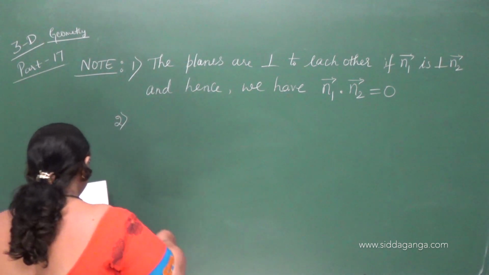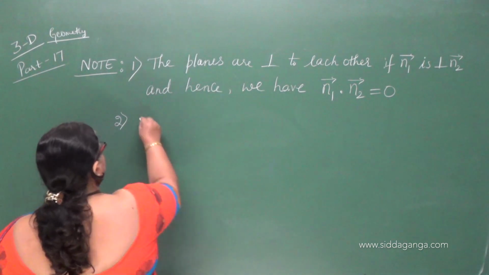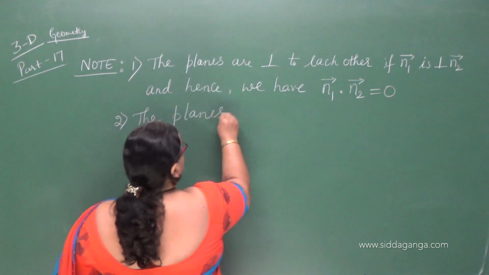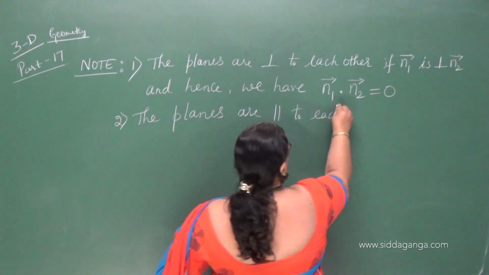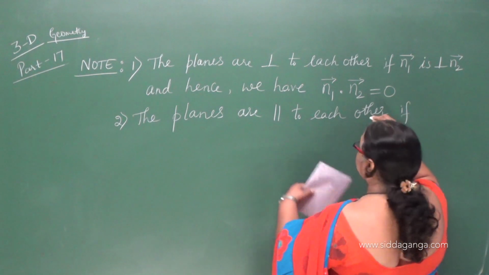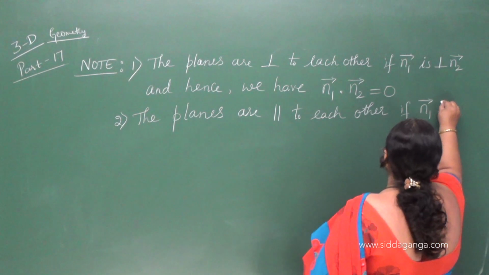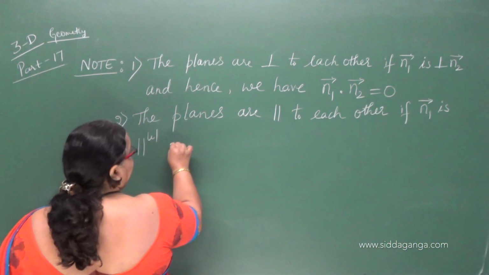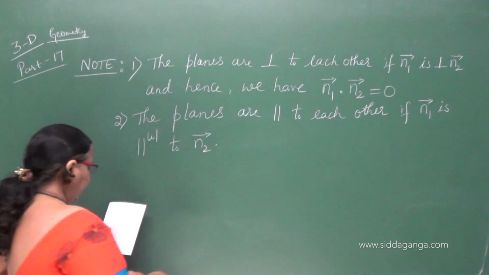The second condition is: the planes are parallel to each other if n1 vector is parallel to the normal vector drawn to the second plane.